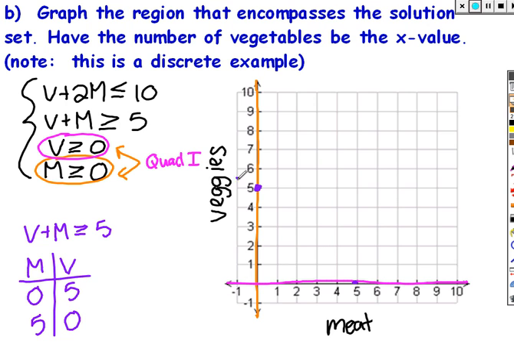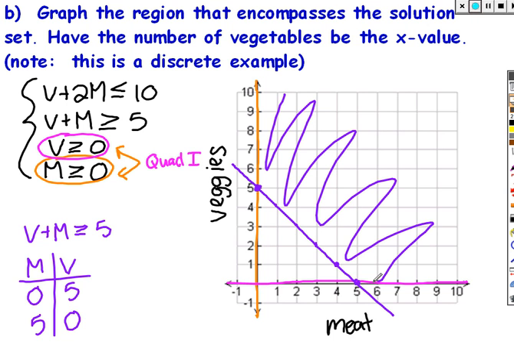If I graph, this would be the line v plus m equals 5. So if I want anything greater than or equal to 5, I'd want to shade this region. So this point right here would be saying, well, maybe I have 4 meat toppings and 2 veggie toppings. That would be acceptable. That adds to a number greater than or equal to 5.